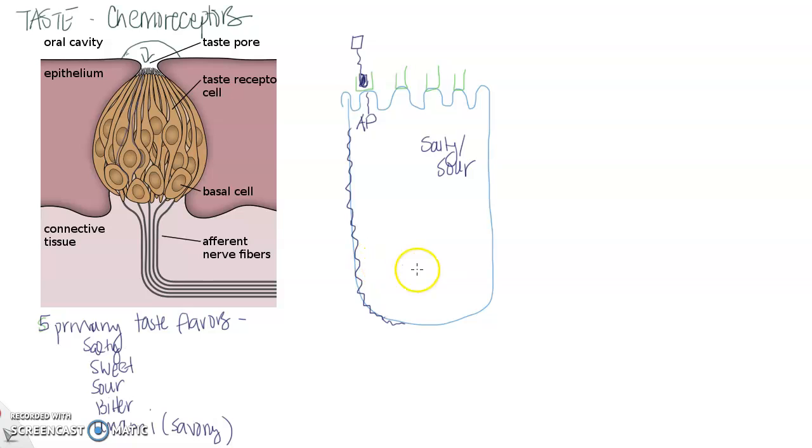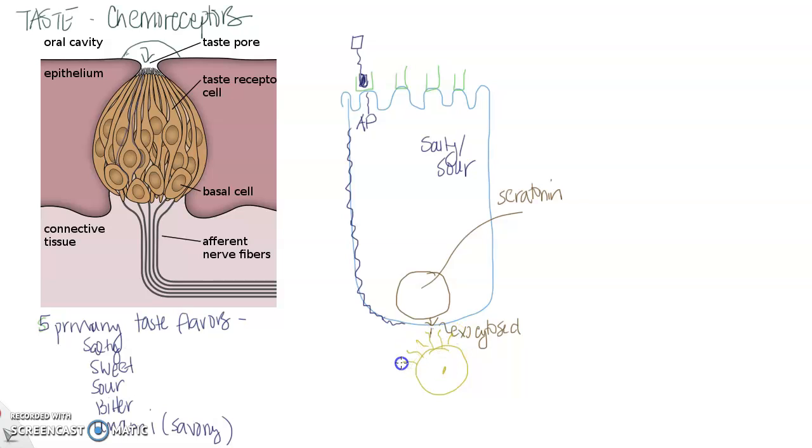And when it gets down here, there's a vesicle that contains serotonin. And that serotonin is exocytosed out here to a nerve. So here's my little nerve.